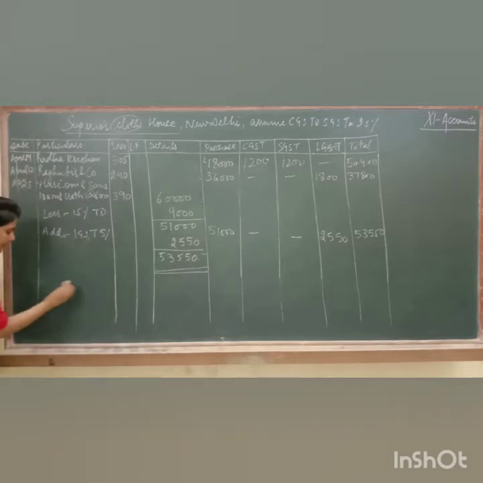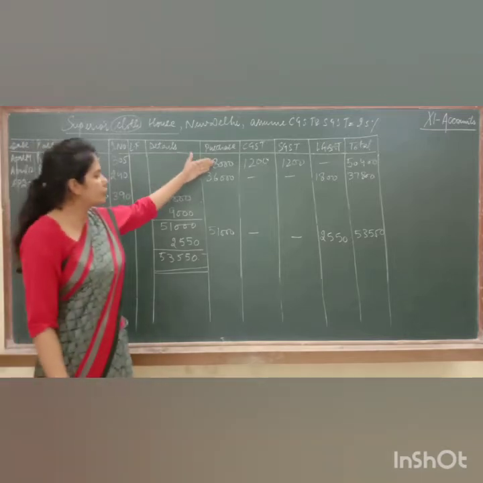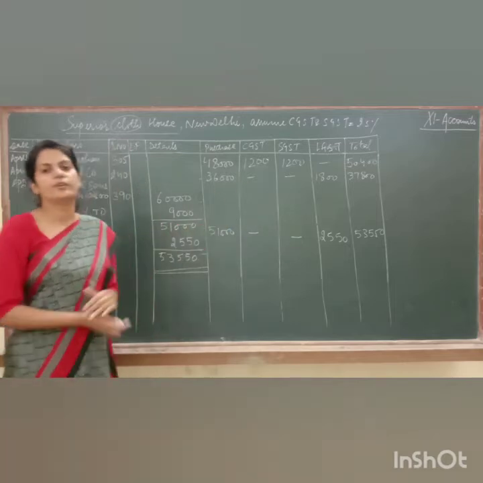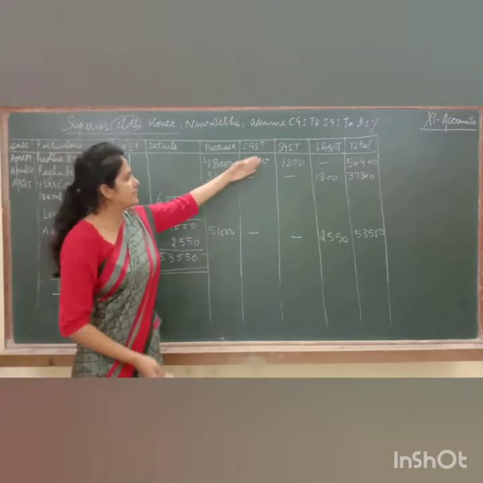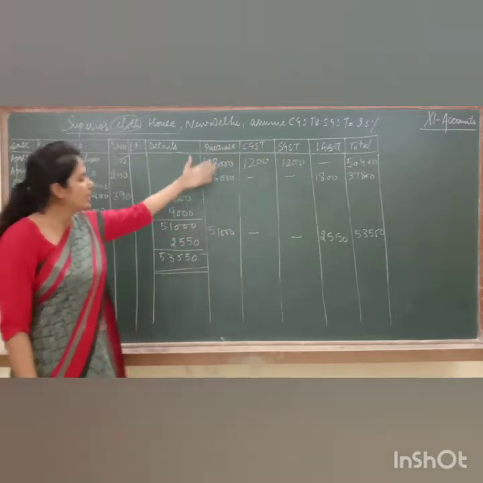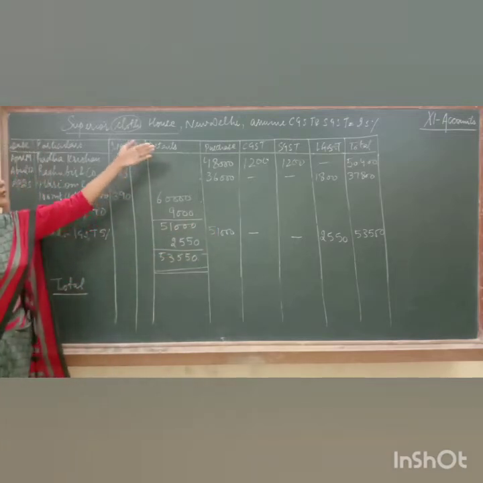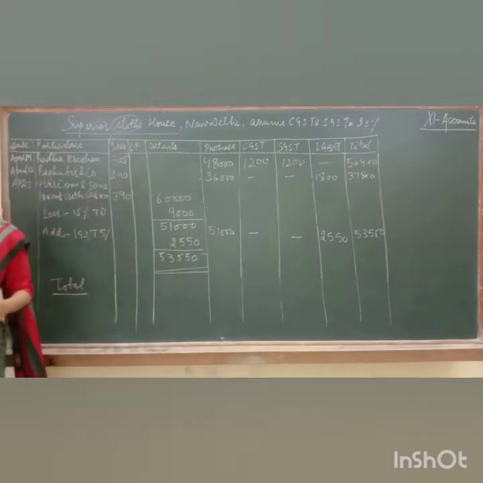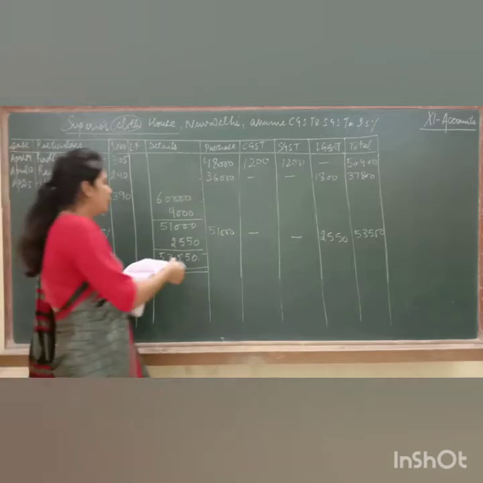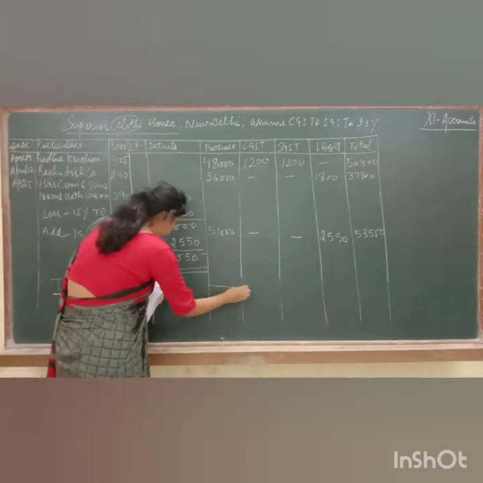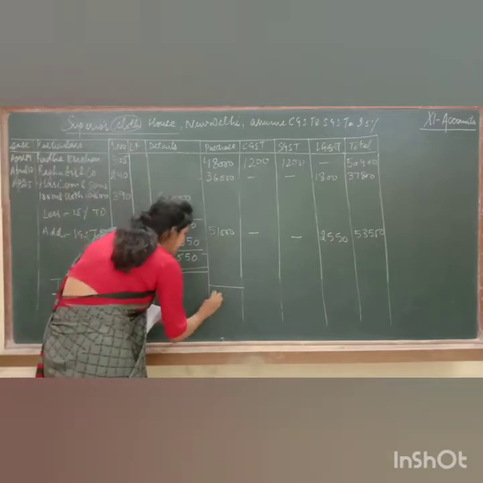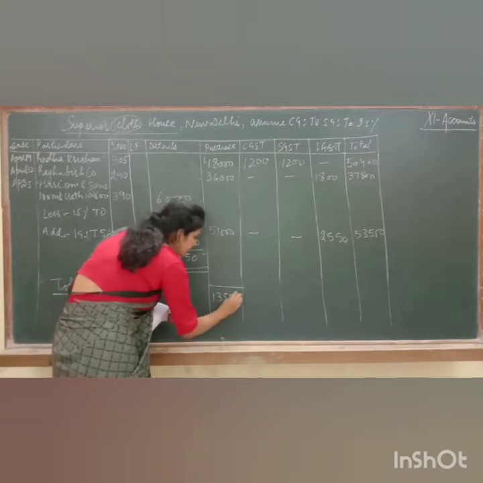First of all, you will write here total. Now you have to make total of each and every column over here. There are purchase, CGST, SGST, IGST and total purchase. Like the total of all these columns you have to write. So let's see. The total of purchase column is 1,35,000.